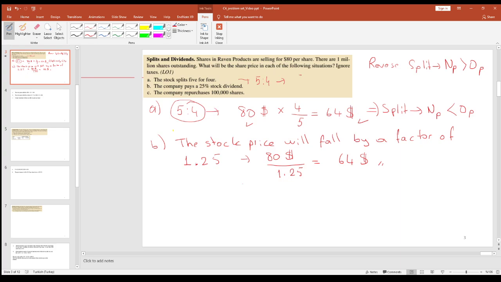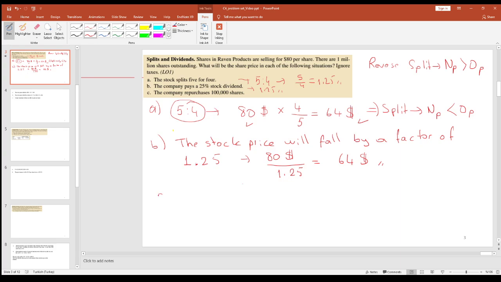If you divide 5 by 4, you will find 1.25. That's why, here, which is 1.25, we have the same result as we found here.